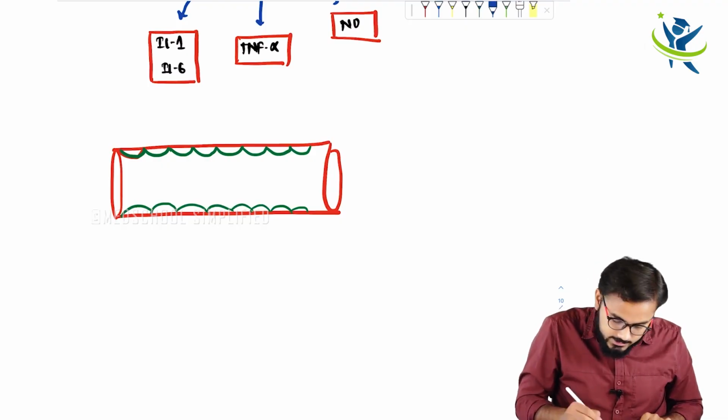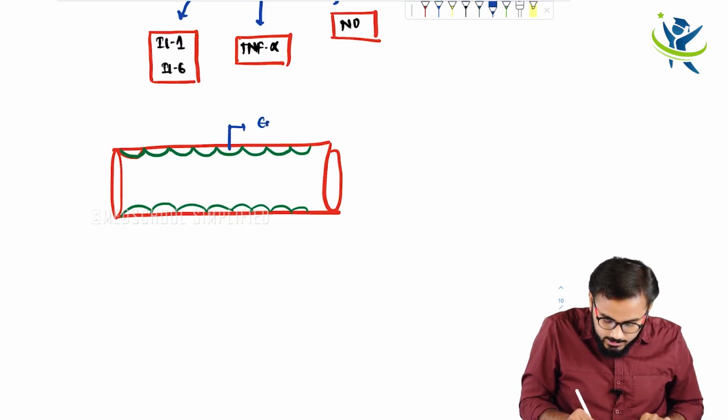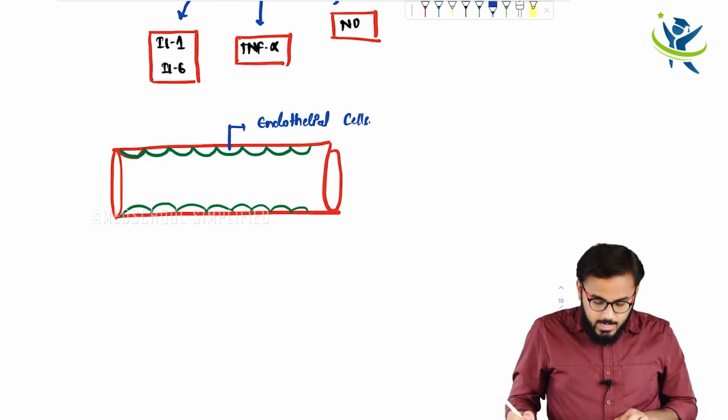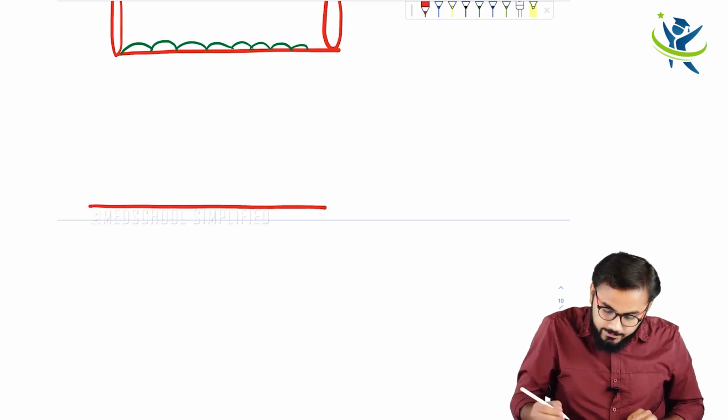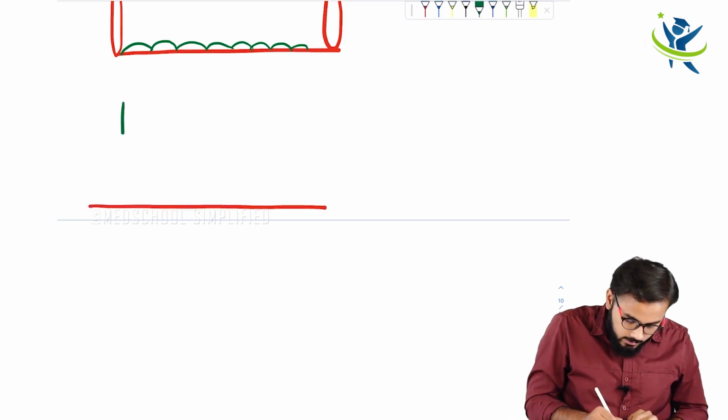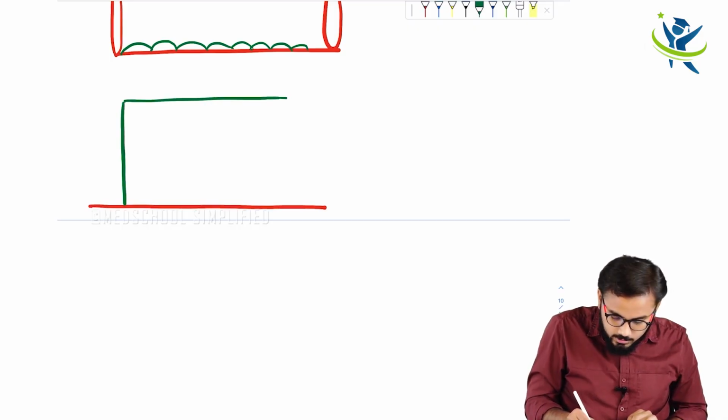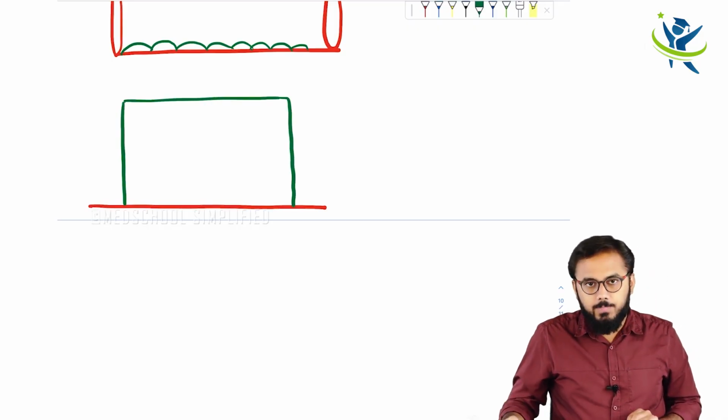So I'm drawing one endothelial cell down here. This is the blood vessel, right? This is my blood vessel, and this is one endothelial cell.